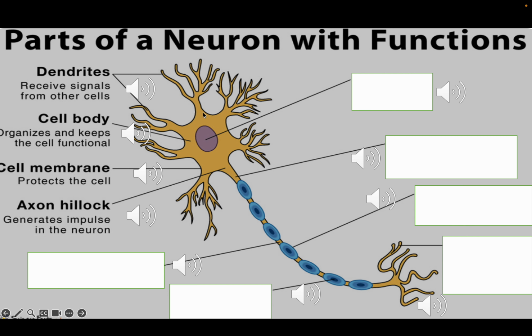Okay, so next up we have the axon hillock. I don't know if you can see the blue looking tail dude. Slightly above that, closer to the cell body, this is the axon hillock. This is where it begins to become an axon.